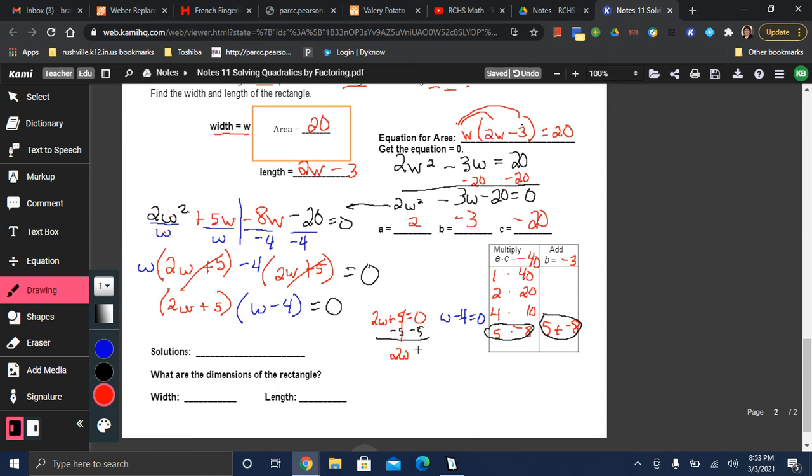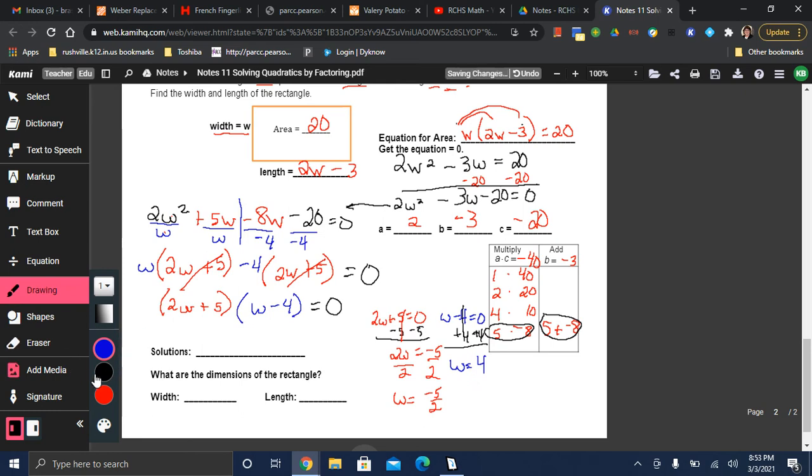The 5's cancel. 2w equals negative 5. Divide by 2, and now I get a fraction that I want to leave: negative 5/2. And then my other parentheses, w minus 4, I can add 4 to both sides of the equal sign. My 4's cancel, and I end up with w equals 4.